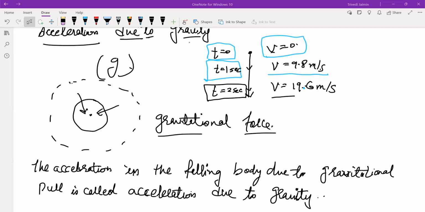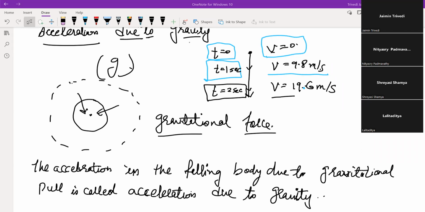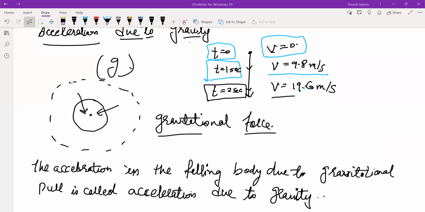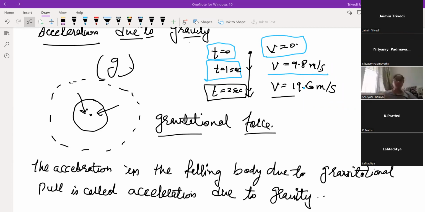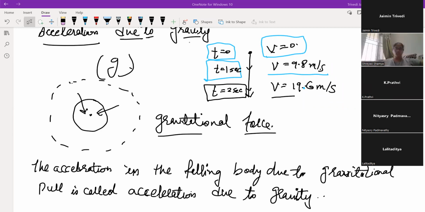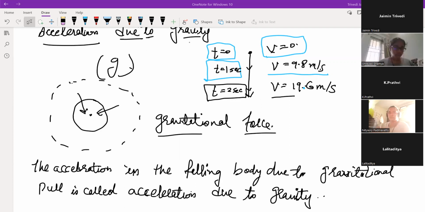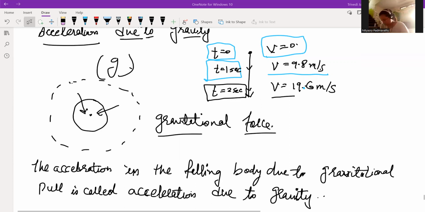Restart your laptop once. Can everyone see my screen?